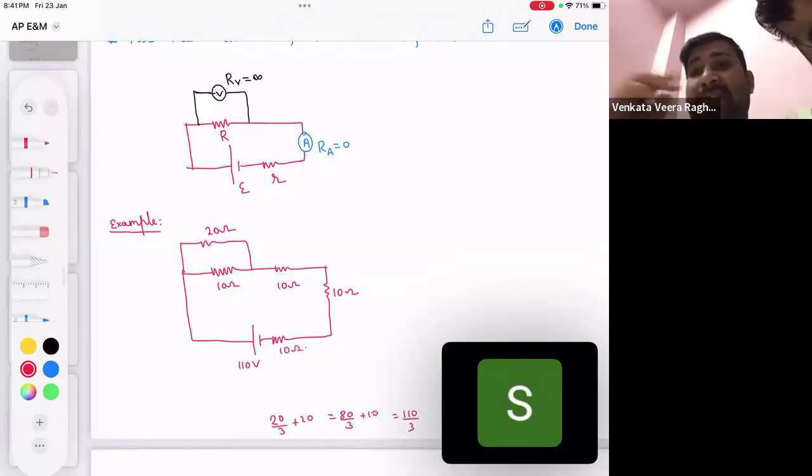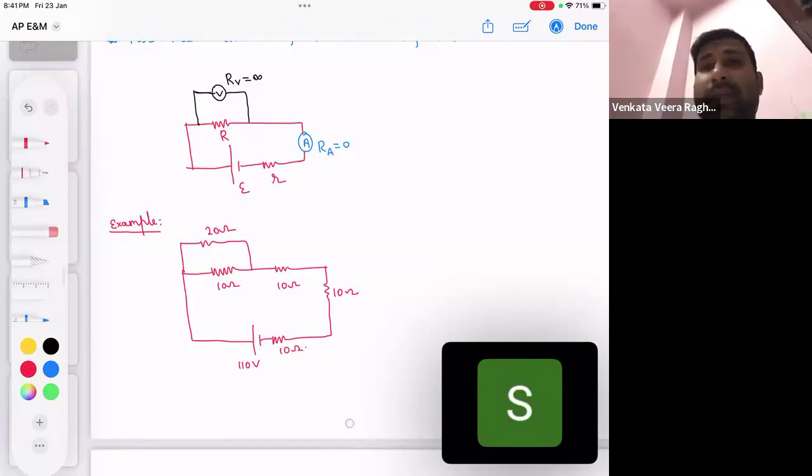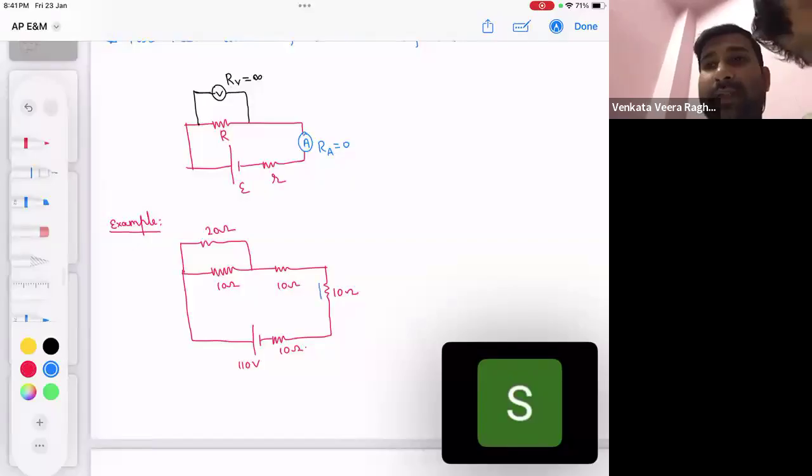Understood. This is the situation given to us. Now in this question, I want to know two things. What is the potential difference across this resistor? Which resistor? This resistor.